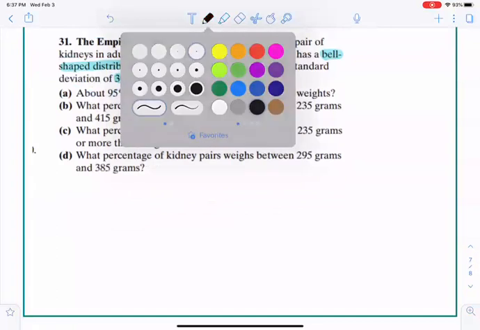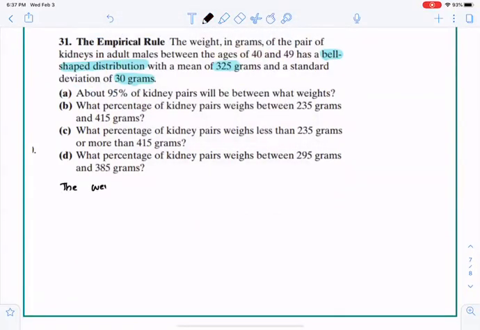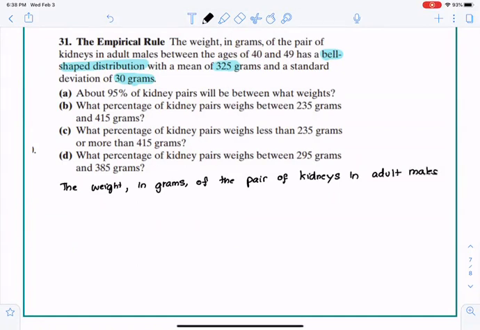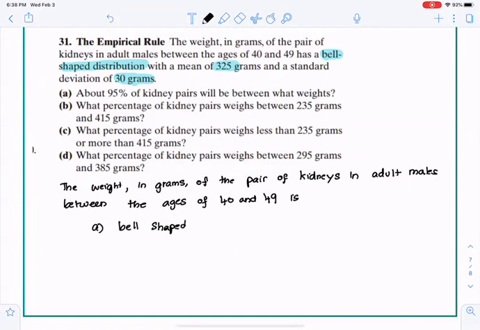So one, it is bell-shaped. In other words, it's normal.